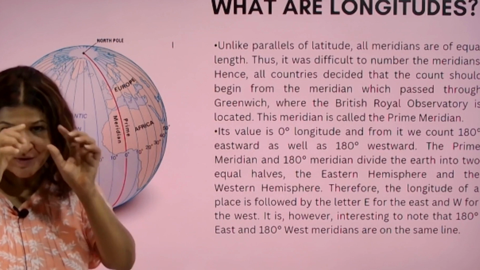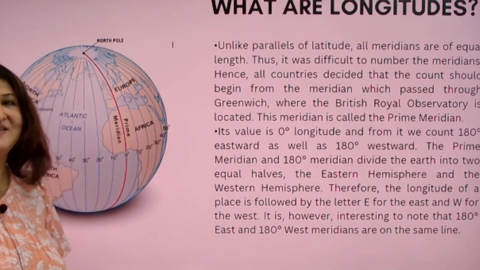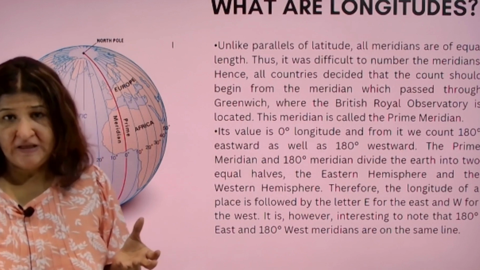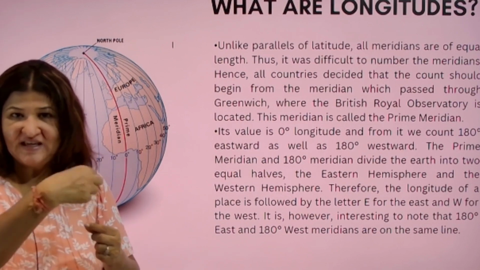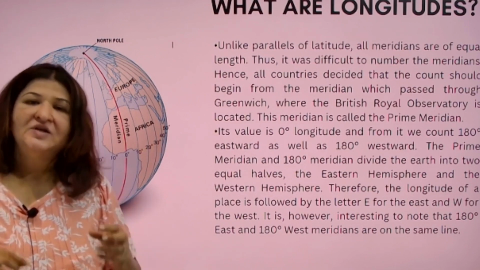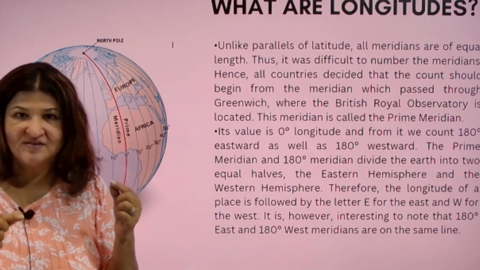You have those lines on the watermelon, right? Light green lines or dark green lines. Same way longitudes have been divided. Or you can peel the orange peel, and you will see how each piece is removed to eat. Are they full circles or half circles?